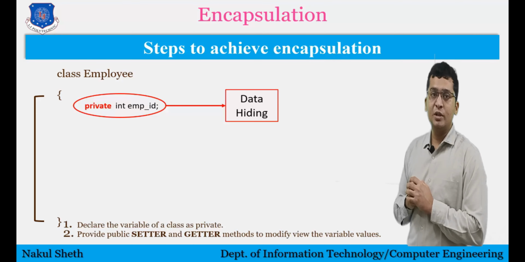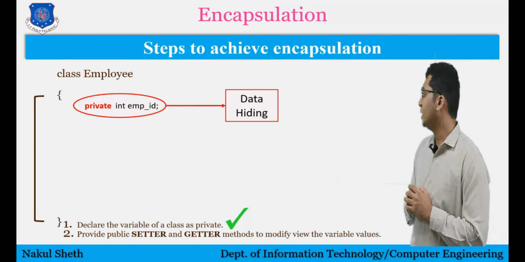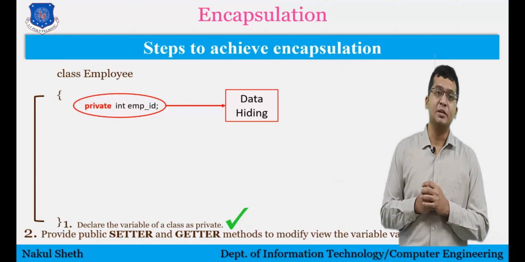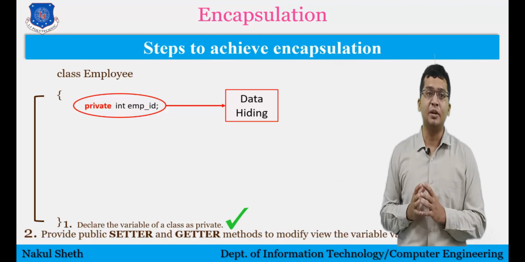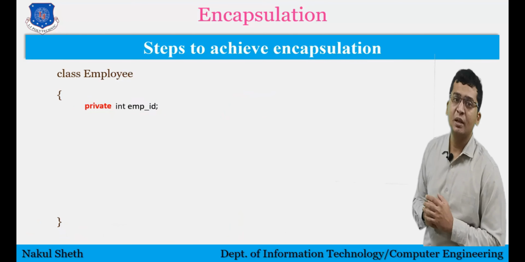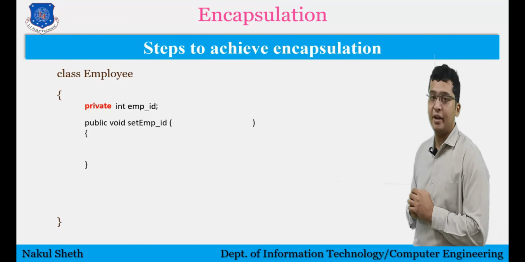So the first step was I created private variables here, and what about the second step? Now I am going to create public methods. Those public methods are known as getter method and setter method. I am going to create a public method, that is public void setEmployeeID.